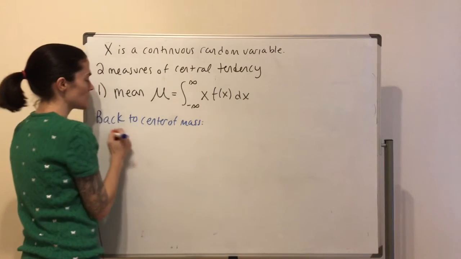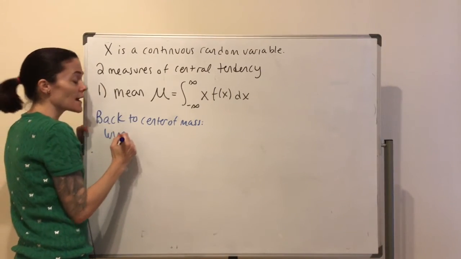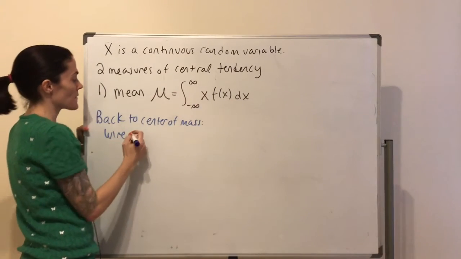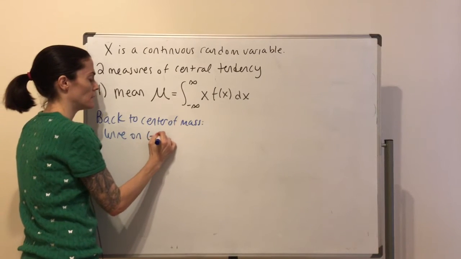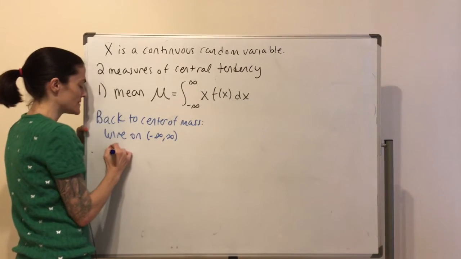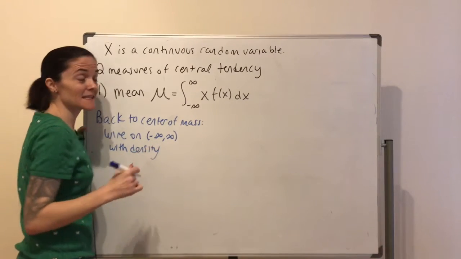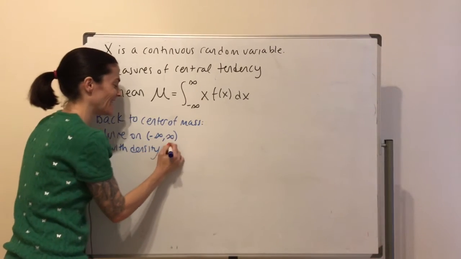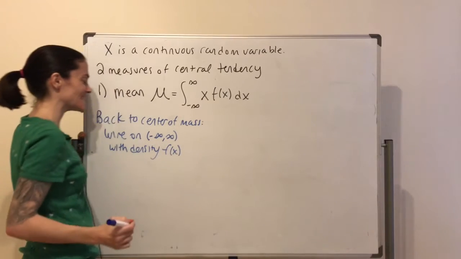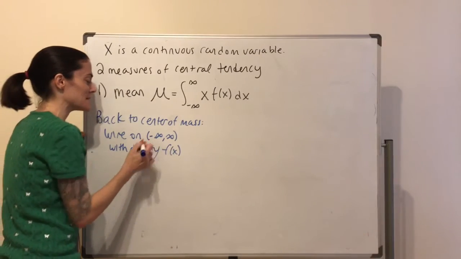And to do this, let's suppose we have a thin wire that lies on the whole real line with density, this density function, the probability density function. Okay, fine. This might be the density of a wire.